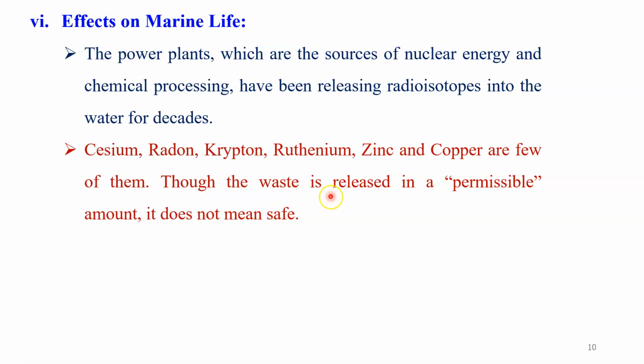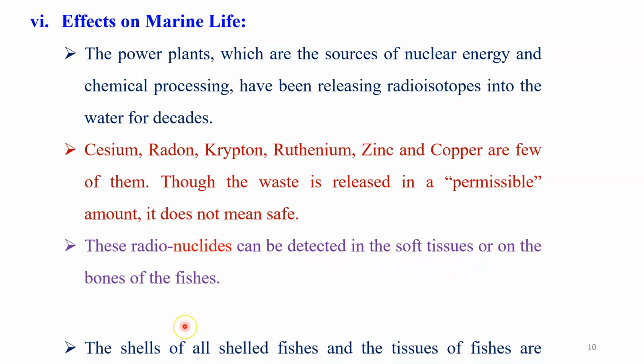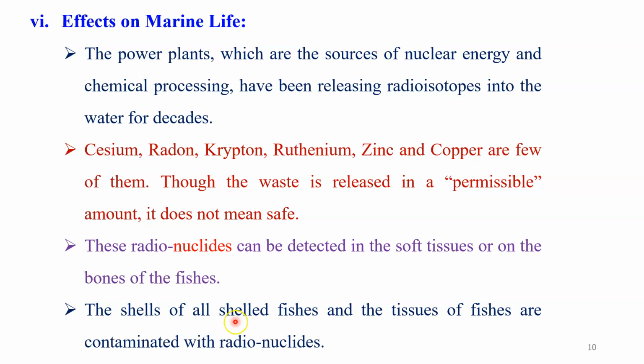Though the waste is released in a permissible amount, it does not mean it is safe. These radionuclides can be detected in the soft tissue or on the bones of fishes. The cells of all shelled species and the tissues of fishes are contaminated with radionuclides. That is very important to observe with respect to marine life.